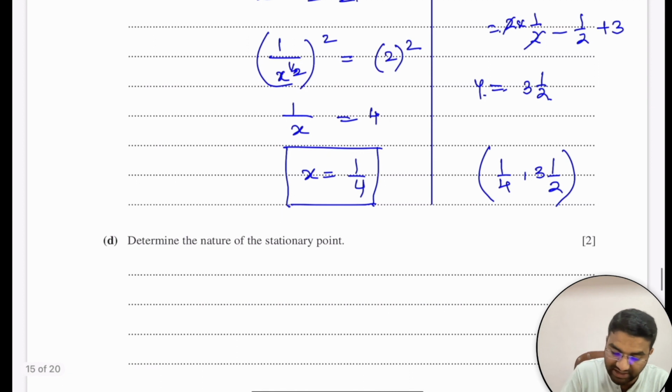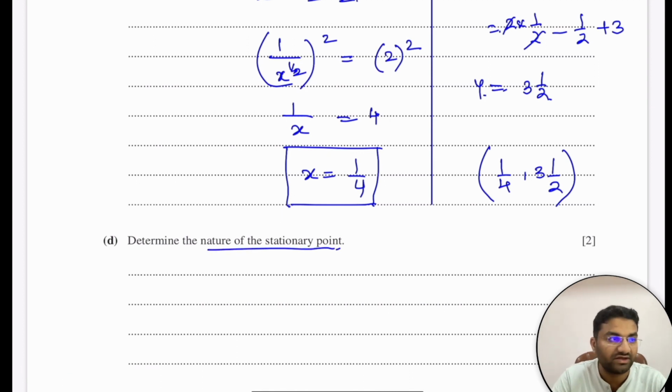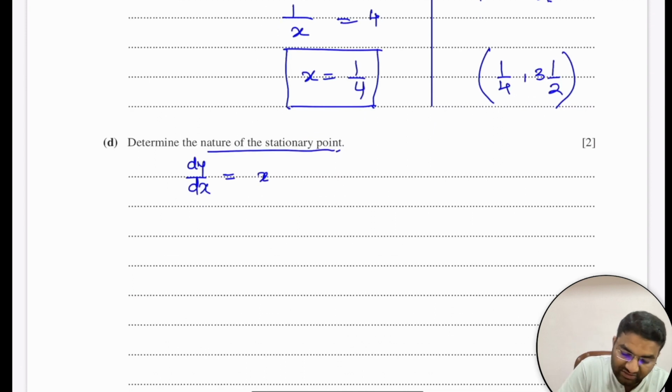Then determine the nature of this stationary point. So nature, either maximum or minimum. How can we identify? We can take the double derivative and compare whether it is less than 0 or greater than 0. So we have dy/dx equal to x^(-1/2) - 2, right?